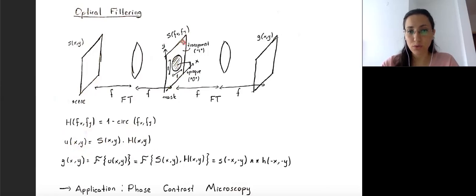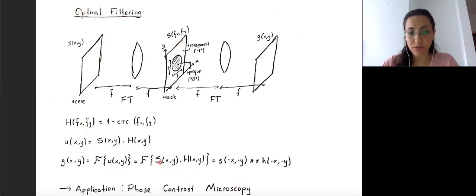Then the wave field U will undergo another Fourier transform. If you write the wave field distribution on this plane, let's call it g(x,y), it's simply equal to the Fourier transform of U(x,y). Because we here have a multiplication, we're going to have the Fourier transform of each term convolved.